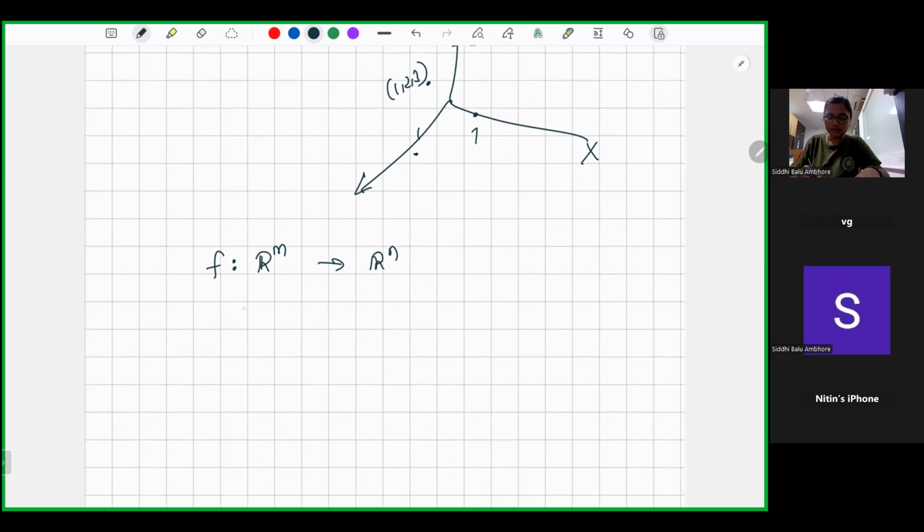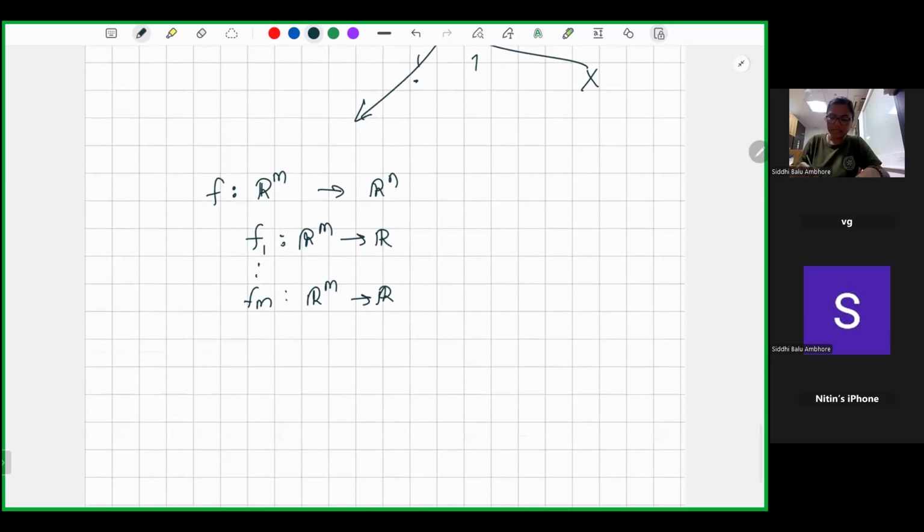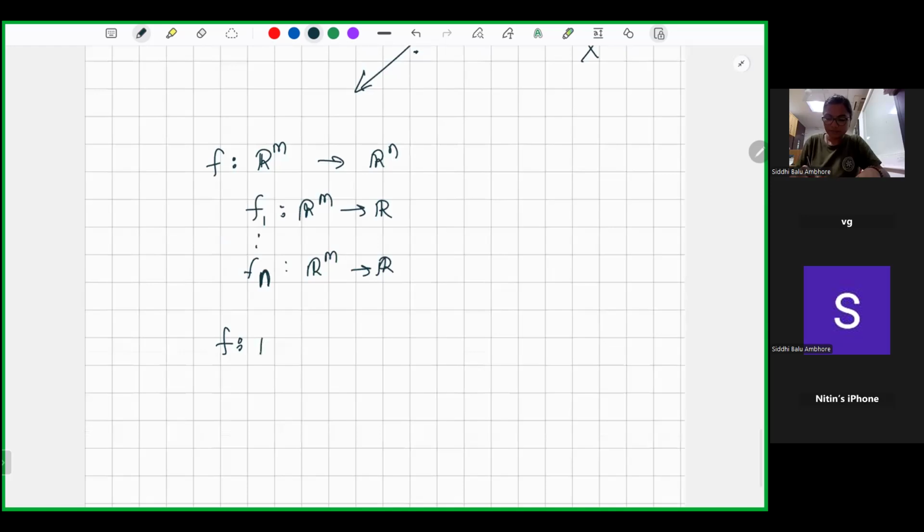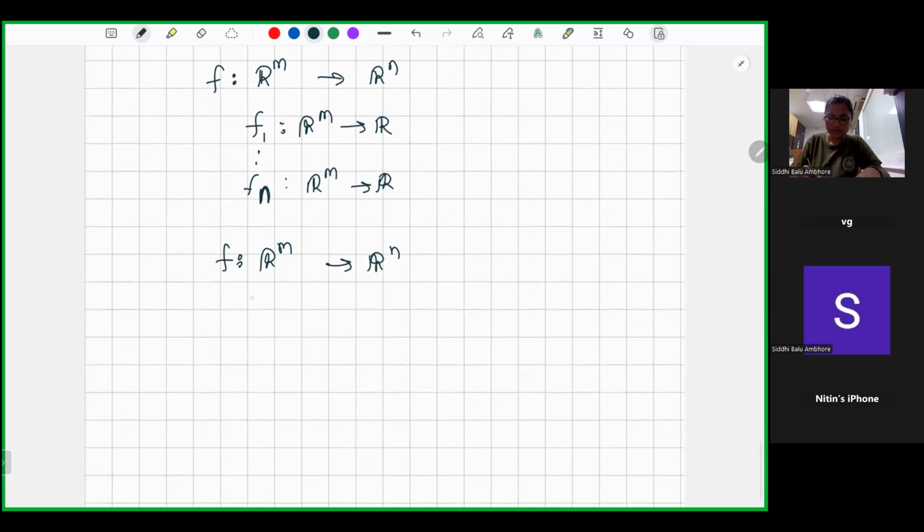If I define f1 to fn from Rm to R, these are n functions, then this f from Rm to Rn will be just (x1 to xm) going to (f1 of x1 to xm, ..., fn of x1 to xm).